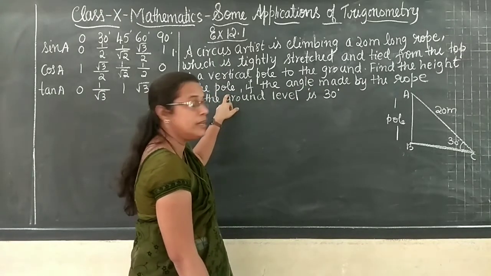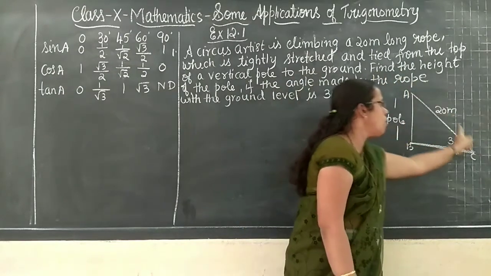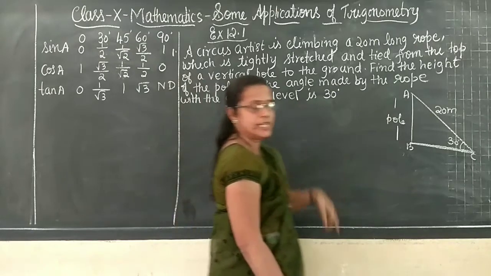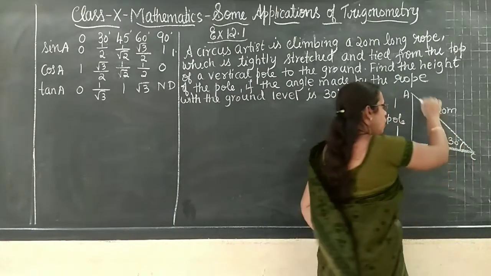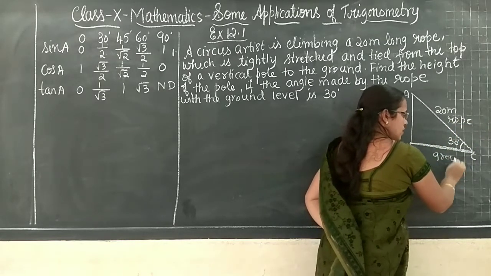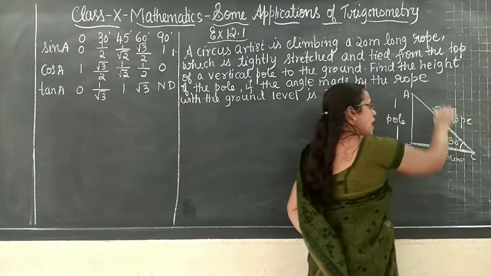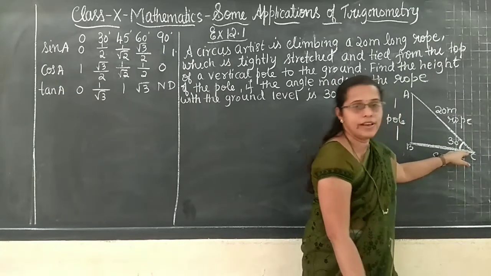Then what is given? The angle made by the rope, this is the rope, with the ground. Here it makes an angle. So this is called angle of elevation.